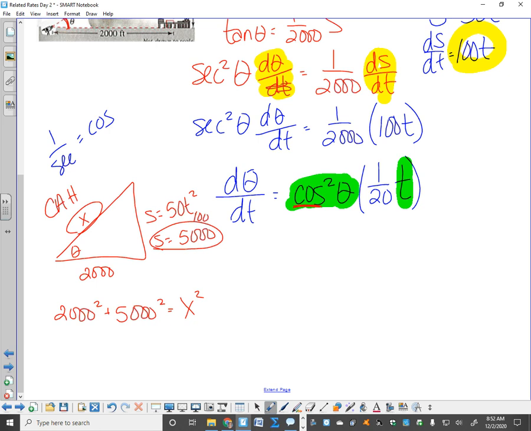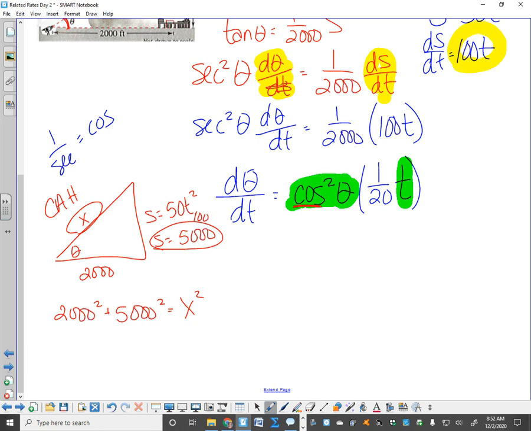And if I grab my handy dandy calculator and type that in, ooh, that's big, and then I square root it. Ooh, that's not pretty.